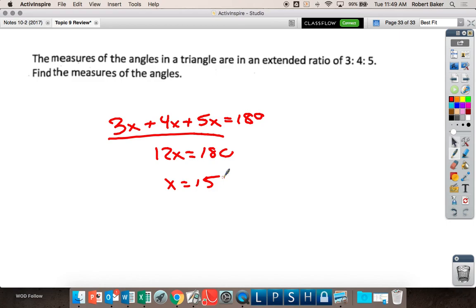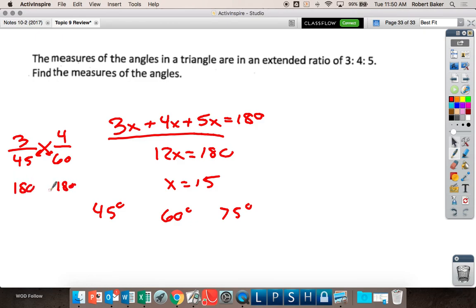That means your 3x angle is 45 degrees, your 4x angle is 60 degrees, and your 5x angle is 75 degrees. So they all add up to 180 inside the triangle. And if you check cross products, like 3 over the 45 degree angle and 4 over the 60 degree angle, you get 180 and 180, so they are all proportional measures.